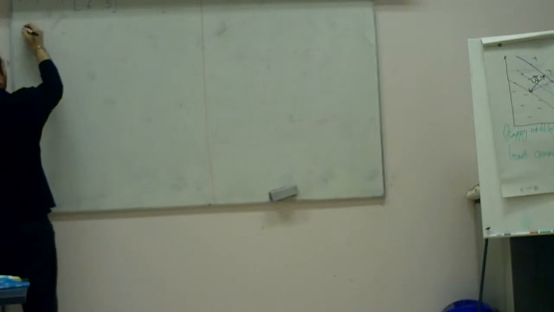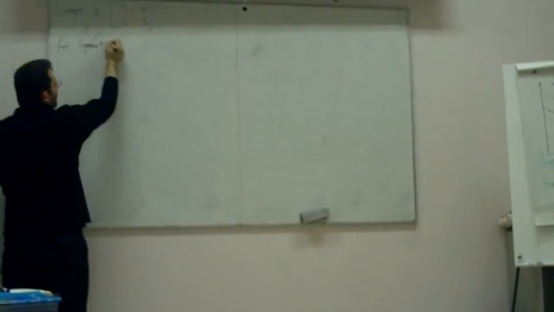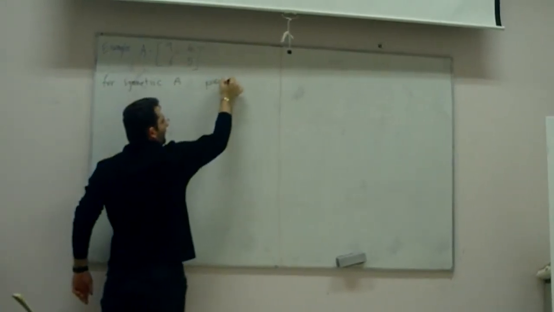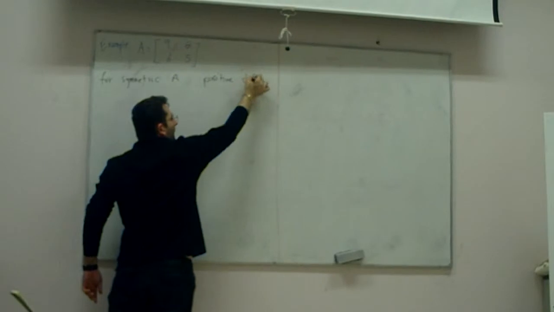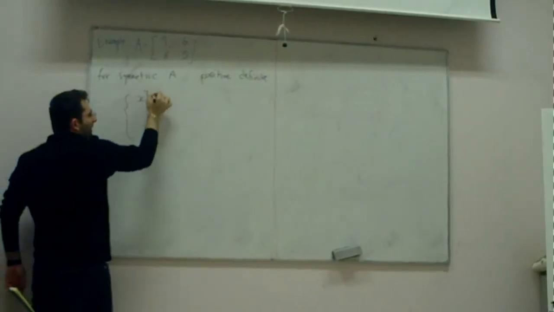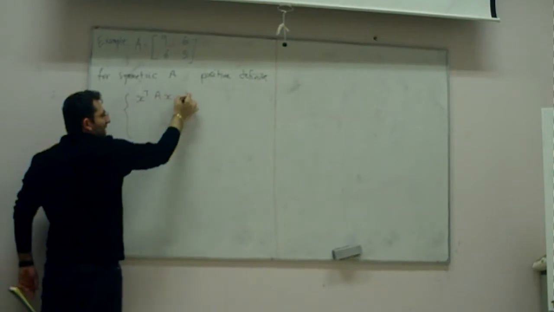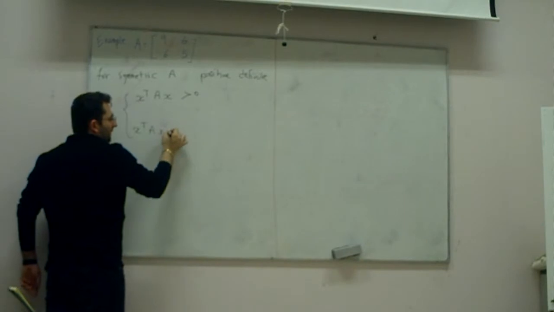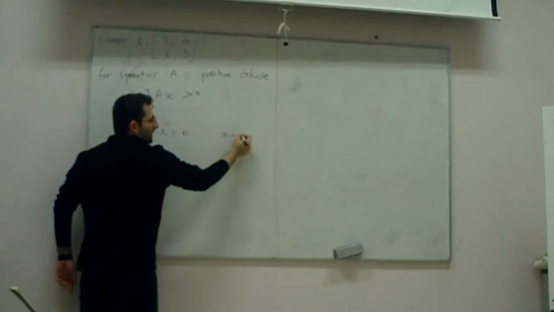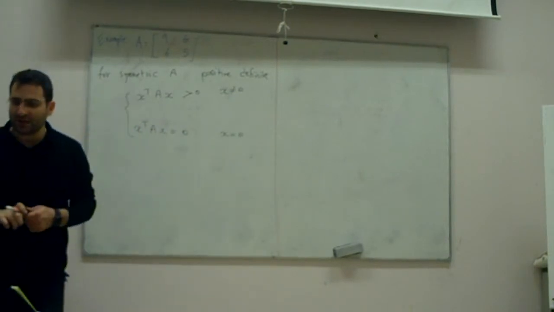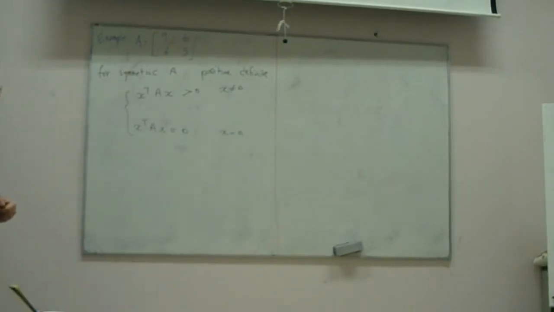And then for symmetric A, we define positive definite to be: X transpose AX is greater than 0, and X transpose AX is equal to 0 only if X is 0, otherwise it is always greater than 0. So we have to check this one. How do we check it?